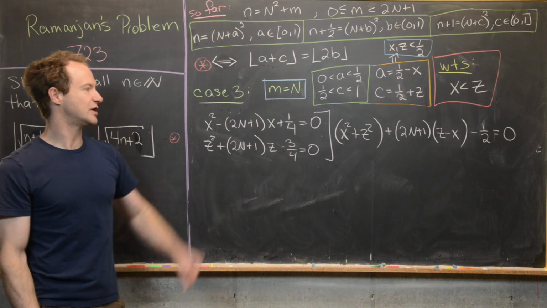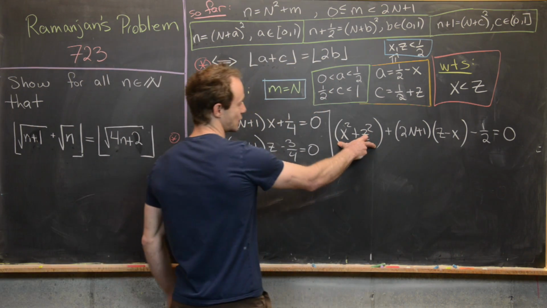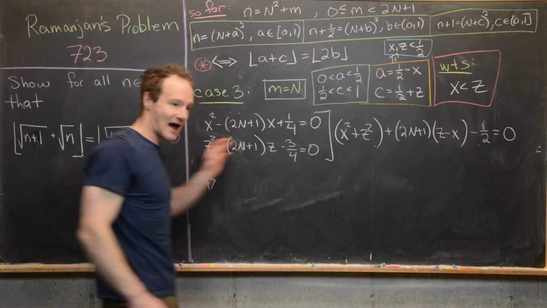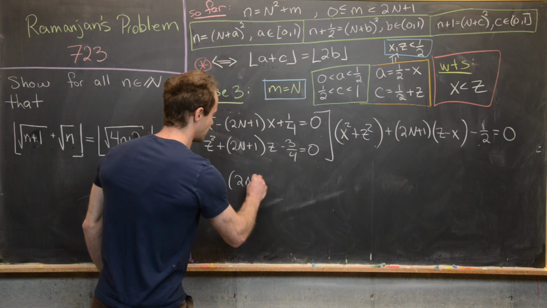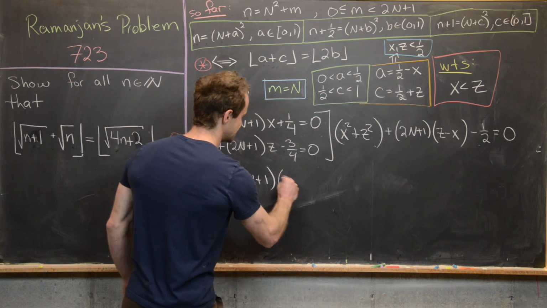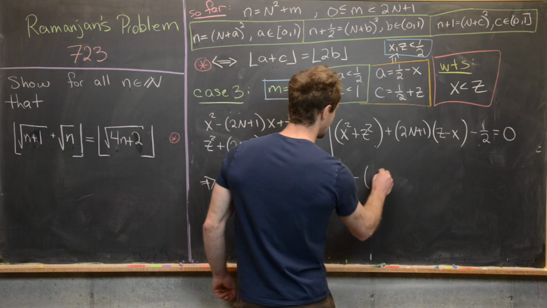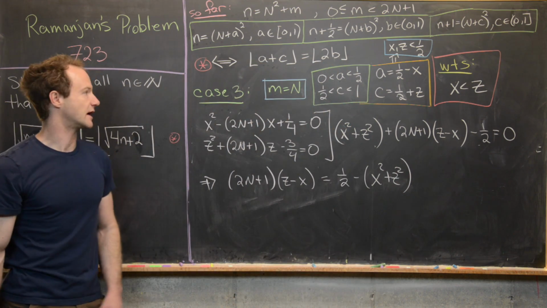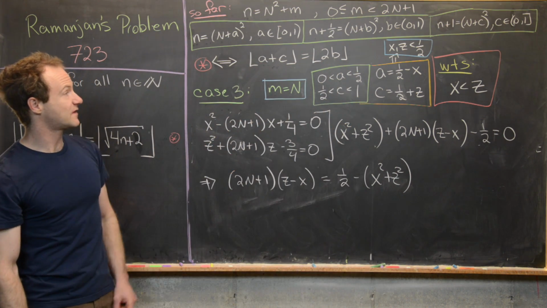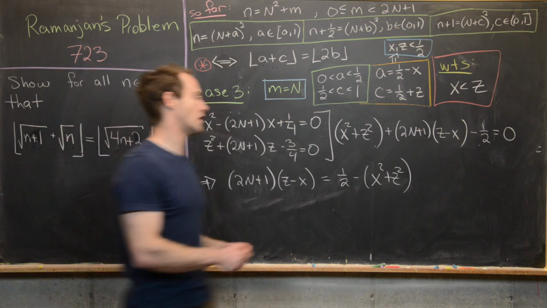And now the next thing that I want to do is rearrange this thing a little bit. So I'll move this x squared plus z squared and this minus half to the right-hand side of the equation. So that'll give me 2n plus 1 times z minus x equals 1/2 minus the quantity x squared plus z squared. Okay, great. But now the important thing to notice is that x and z are both less than 1/2.